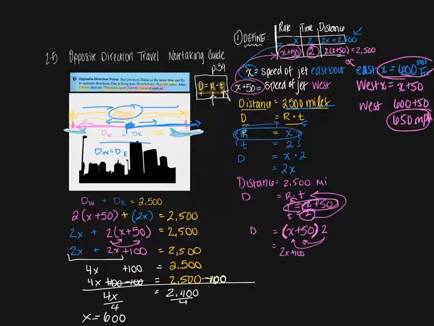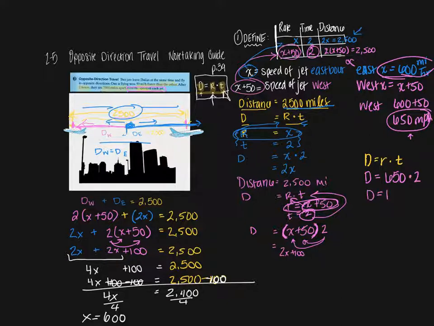All right, and then if I wanted to see how much distance each plane traveled, I could end up plugging it into my distance, rate, and time formula. So if distance equals rate times time, and I want to see how far my westbound jet went, distance equals the rate, or 650, times the t, or 2.